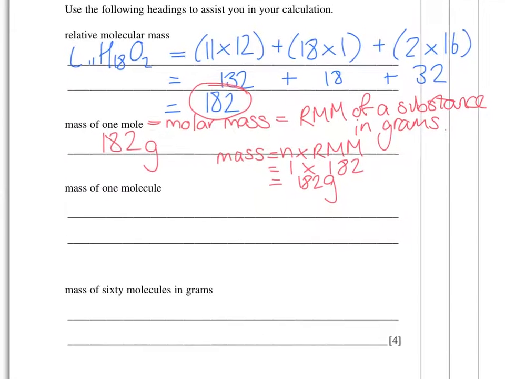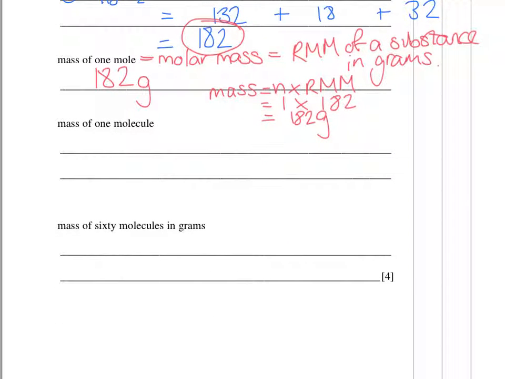The next part of the question asks for the mass of 1 molecule. Well, we have the mass of 1 mole, and we know that 1 mole is equal to Avogadro's number of molecules, and that is 6.02 times 10 to the 23 molecules.